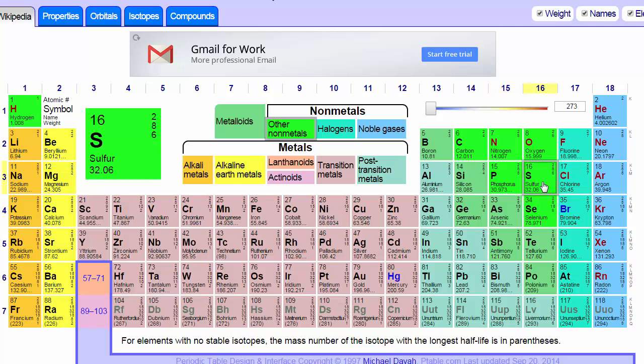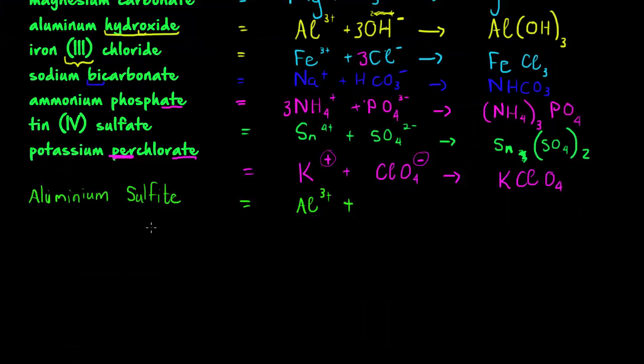Sulfite: if we look at sulfur, sulfur was in the 4, which means it had 4 oxygens in its base, but that would be sulfate. Sulfite means I've got 1 less oxygen, so this is SO3. Sulfate had a 2 negative charge, and sulfite will have a 2 negative charge too.